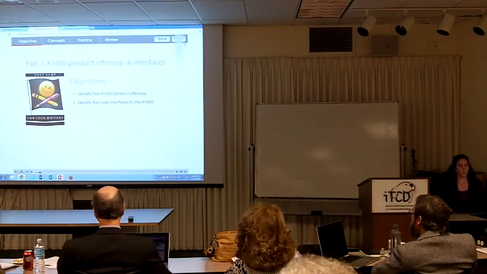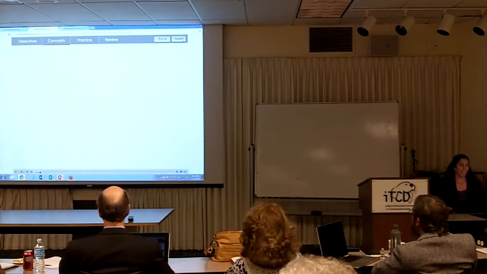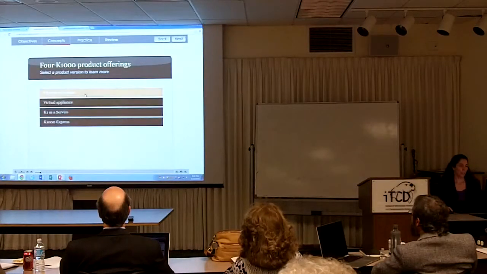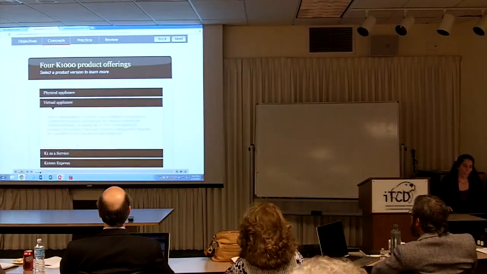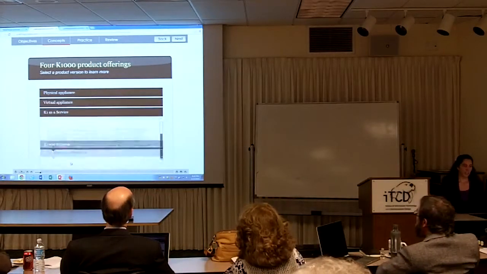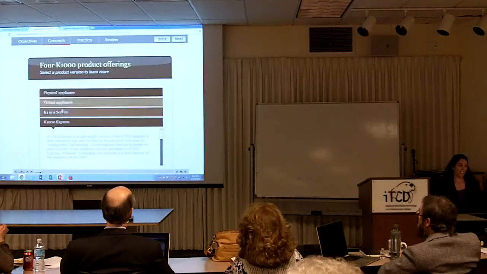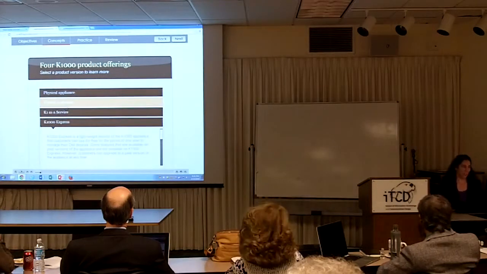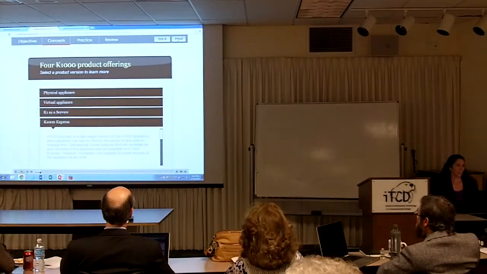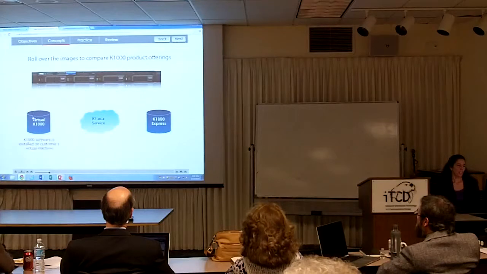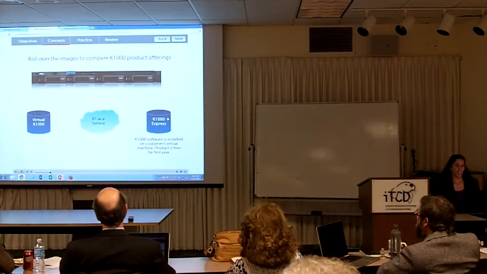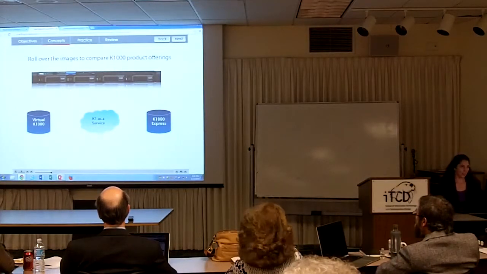So each section will have an overview similar to that. Again, the navigation at the top, some accordions for interaction to help the learners understand or get to know the products that they'll be documenting. Have some rollover interactions as well so that they can understand more about the products.